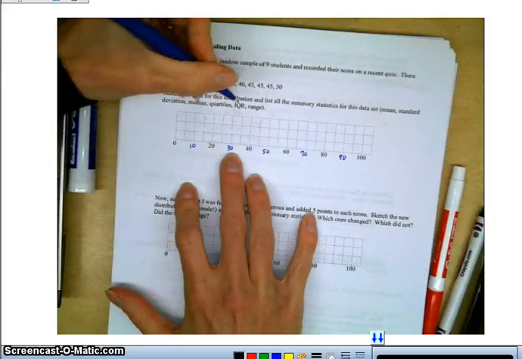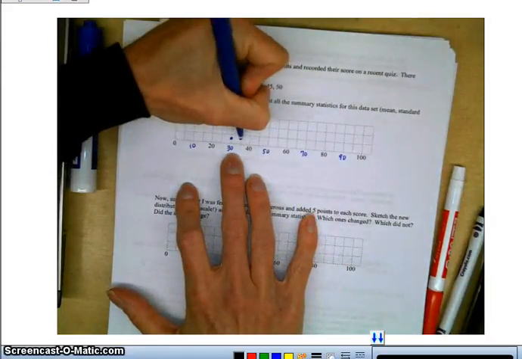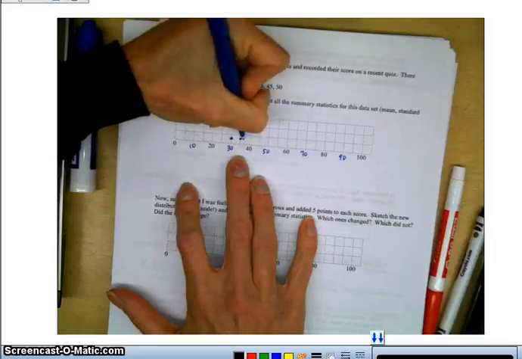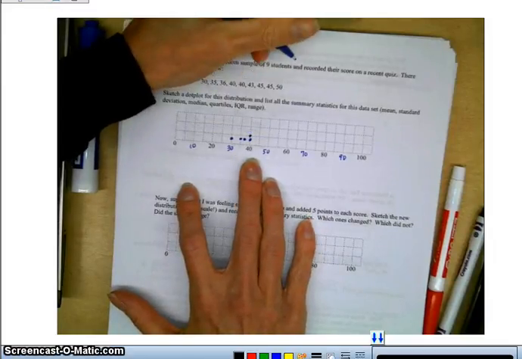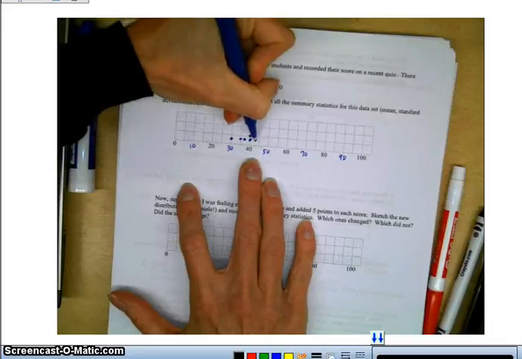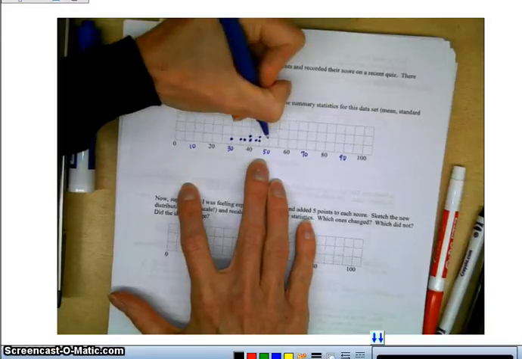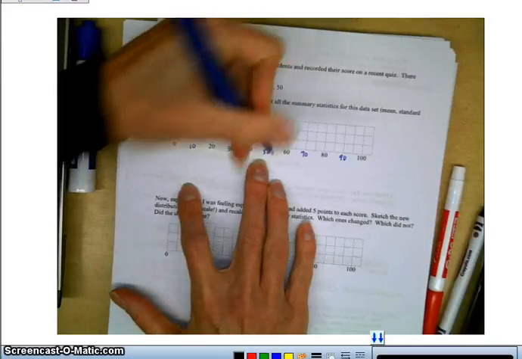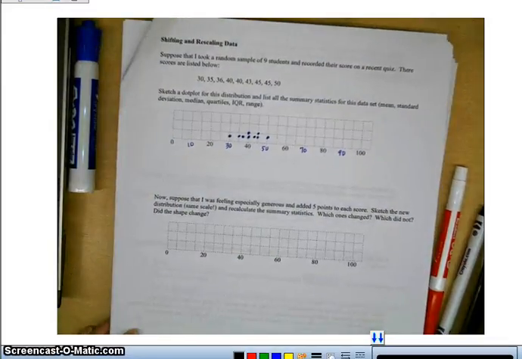Alright, so I'm just going to put a 30 here, you know, there's a 30 and a 35 and 36 and 40 and 40 and 43 and 45 and 45 and 50. So there's my nice little dot plot, and I want to find all of the summary statistics.